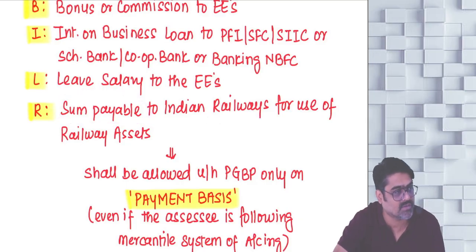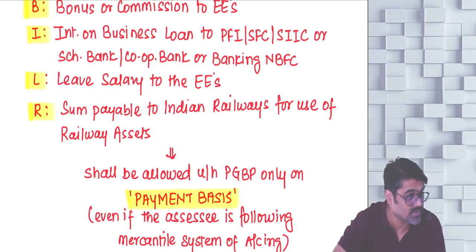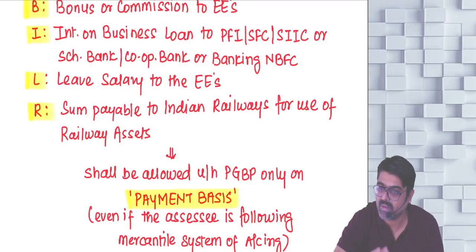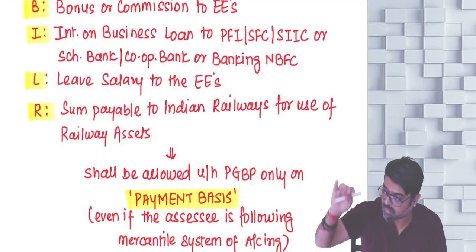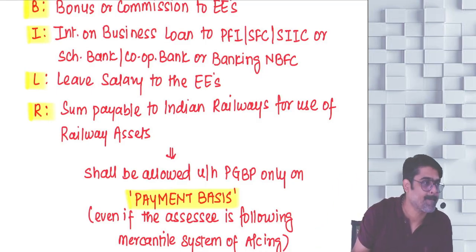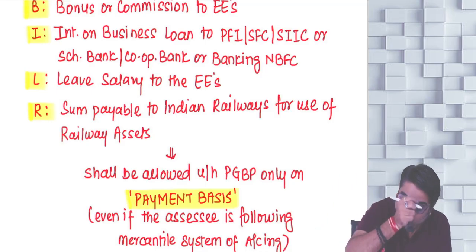Even that is your business expense, but allowed subject to 43B. Any payment for use of railway asset in your business or profession will be your PGBP expense, yes or no? Will be allowed as a deduction, but subject to 43B. Will you remember the names of these expenses? What are the names?